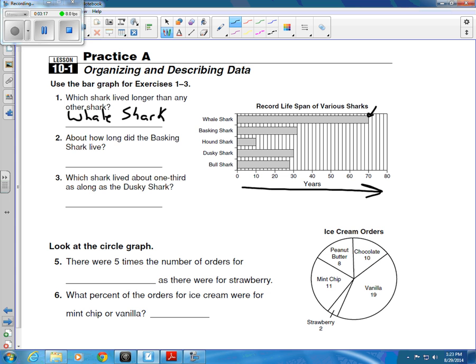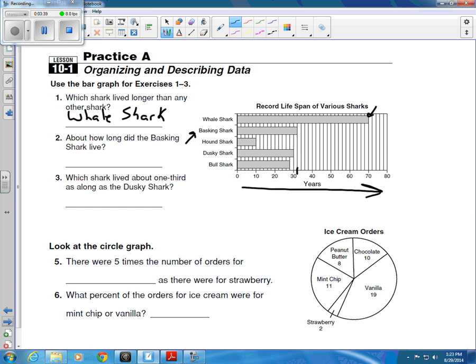Second question. About how long did the basking shark live? Well, basking shark is right there. We take a look at its bar. We see it go out to roughly this line. This question says about, so I'm not going to be super picky. It looks like it's a little bit past 30.